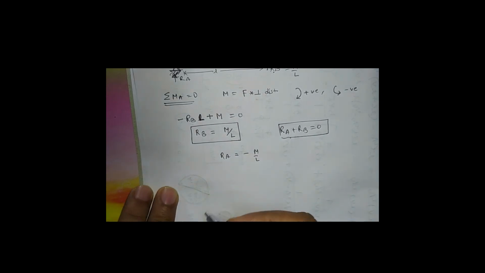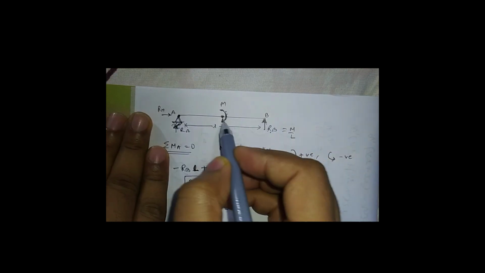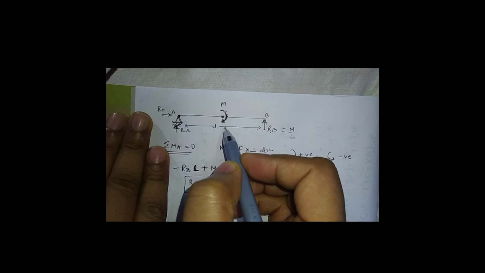Now we have to draw the shear force diagram. At point A, the shear force is minus M by L. Let this side be negative and this positive. There are no other forces acting between A, C and B. There is a moment, but it does not affect the shear force diagram.